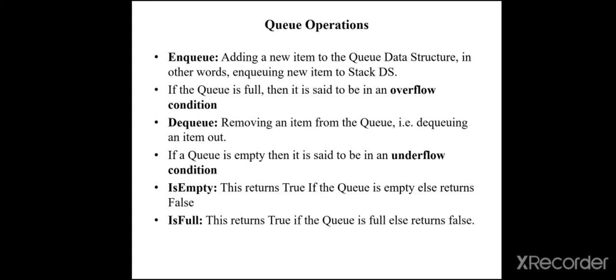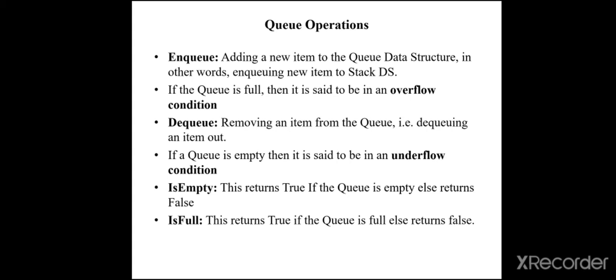I am repeating once again. These are the following operations that are performed on the queue data structure. First is NQ, another one is DQ, next is is empty and is full. And there is another operation, that is display. NQ is to insert an element into the queue. DQ is to delete an element from the queue.